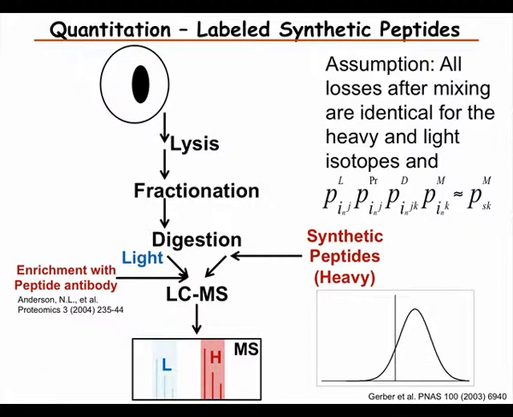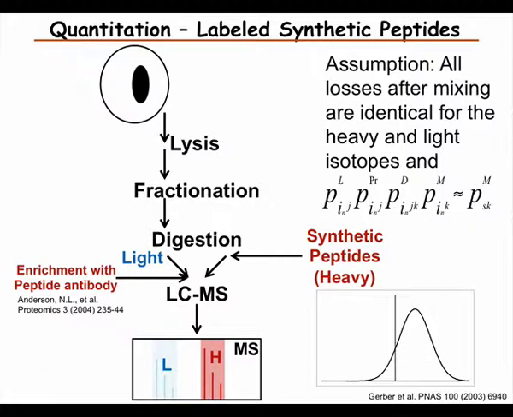So what's the advantage of this compared to if we measure the sample differently? You mean compared to label-free, for example? Yeah, because in that way we don't need the light and heavy difference. Yes. So the problem is that it's very difficult to keep the conditions constant.